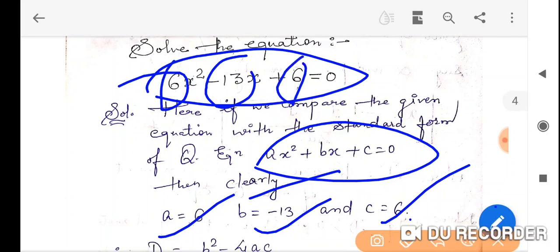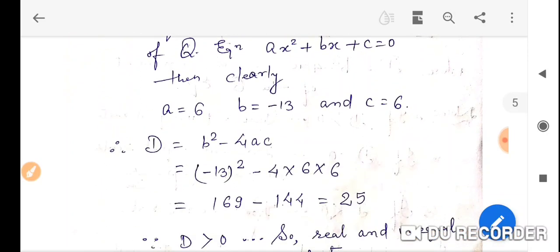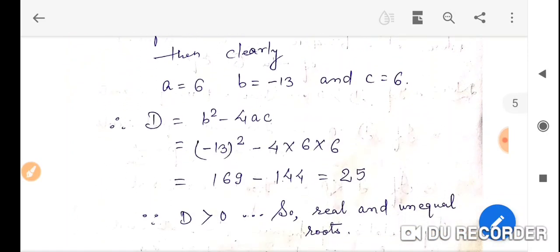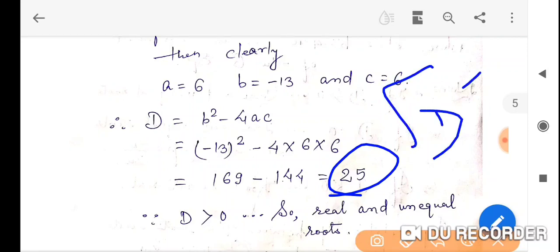So, calculating the value of discriminant, d equals to b square minus 4ac. If you substitute all these values, b equals to minus 13, a equals to 6 and c equals to 6, you will get the value of d as 25, whose square root is 5.